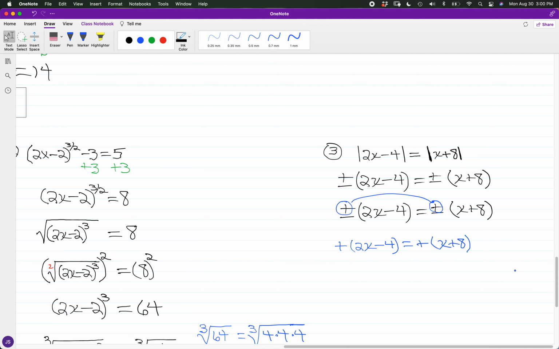And again, if I keep 2x minus 4 as it is, no sign change, and just have it mapped with the negative of x plus 8.